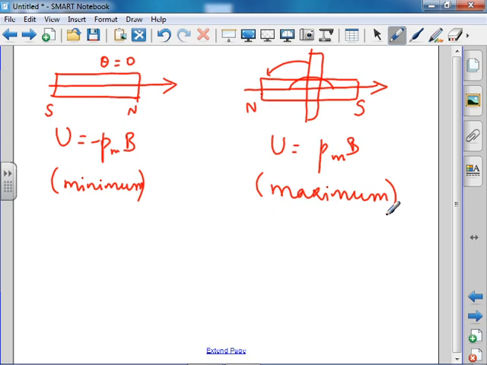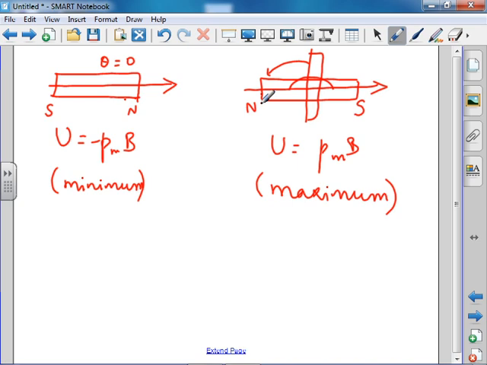The similar thing you can observe in electrostatics also. If the dipole is aligned parallel to the field, then the potential energy is minimum, and when it is aligned anti-parallel to the field, then the potential energy is maximum. Similar result we got in magnetism also. If the bar magnet is aligned in the direction of the magnetic field, theta is 0, so the potential energy is minimum.